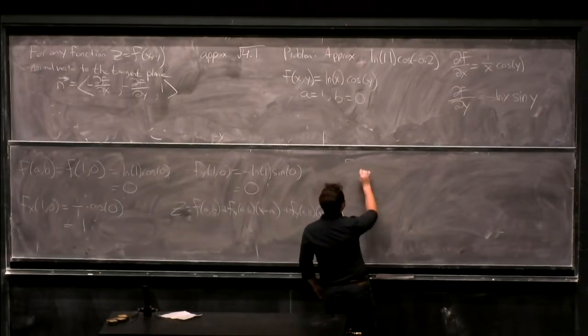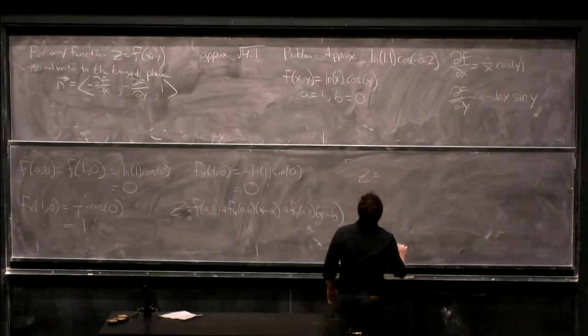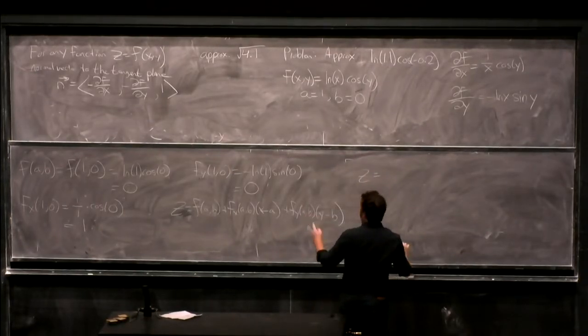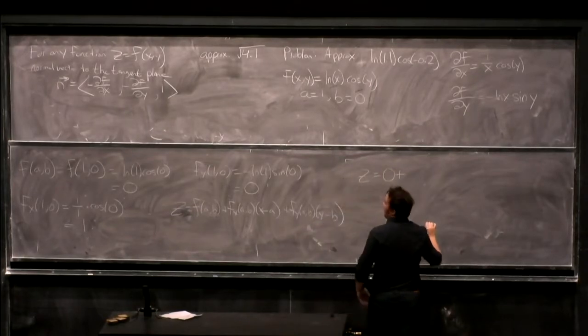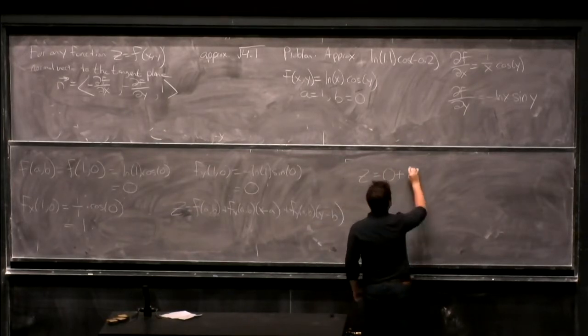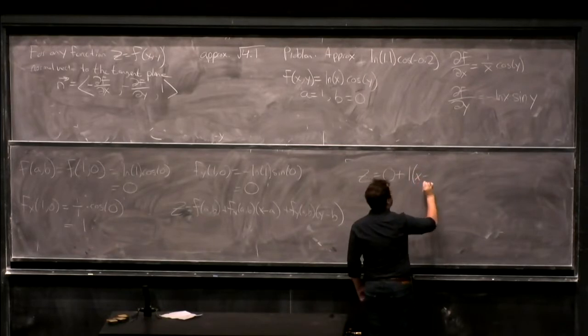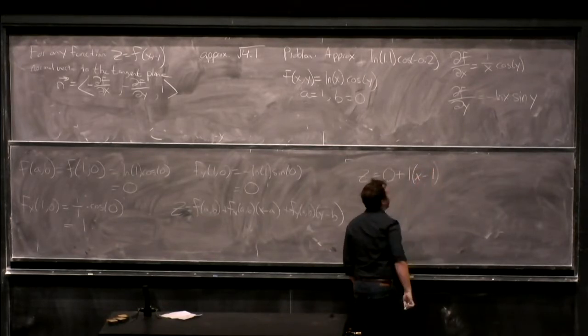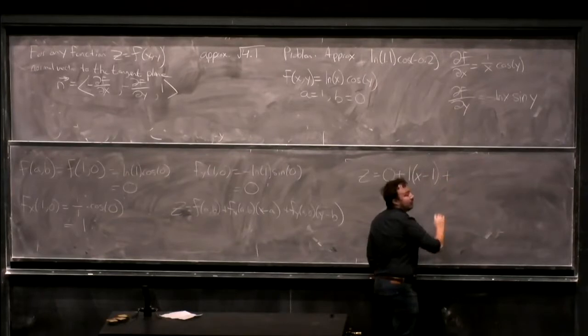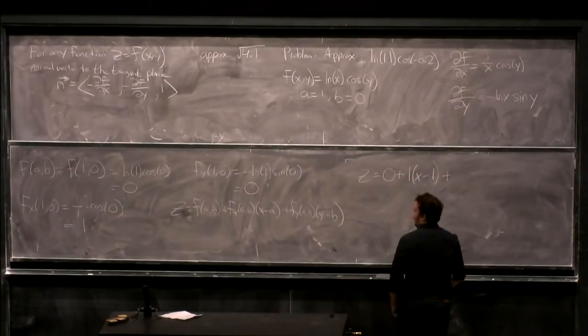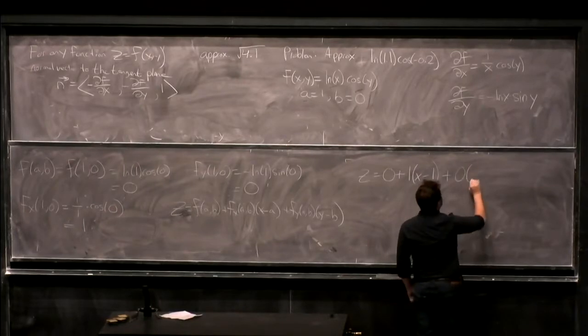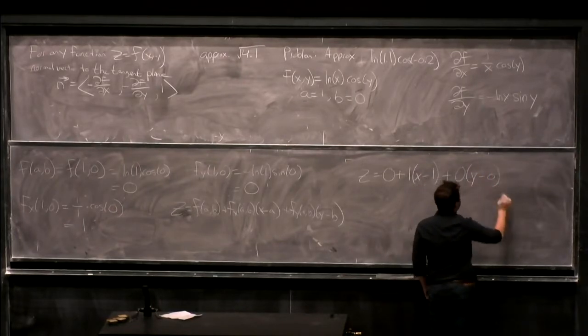So f of (a, b), we figured out, was 0, plus fx at (a, b), that was 1, times x minus a, which was 1. Then we have the y derivative at (1, 0), but that was just a 0. And then we have y minus 0.